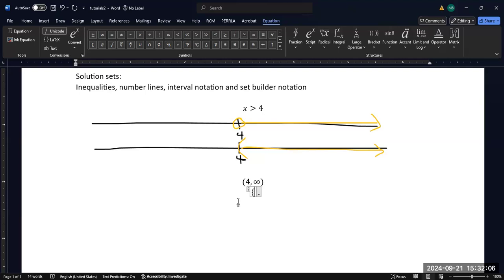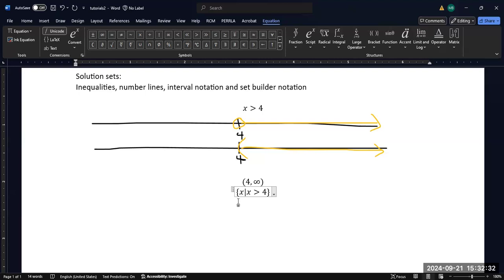So if you swap them out, it's not really correct. So we would put X inside our curly bracket to indicate which variable we're writing the set for. And then either a vertical bar or a colon would follow it, which is read "such that." And then what would follow would be a condition. So in this case, the condition is the inequality.